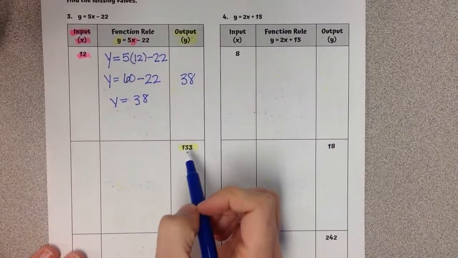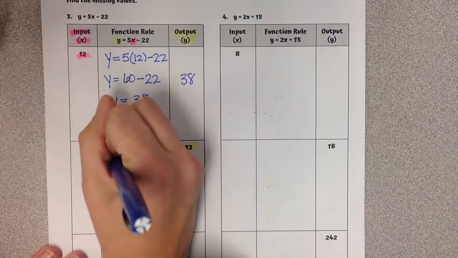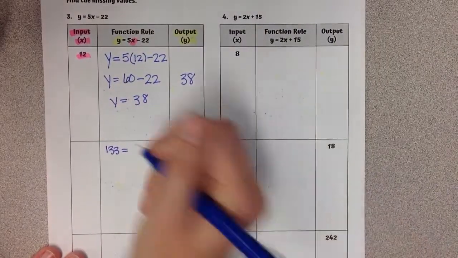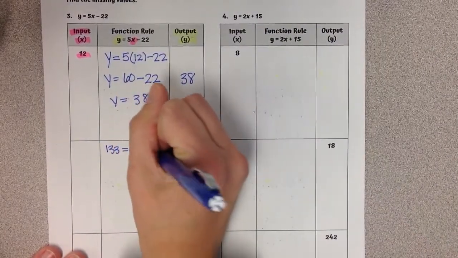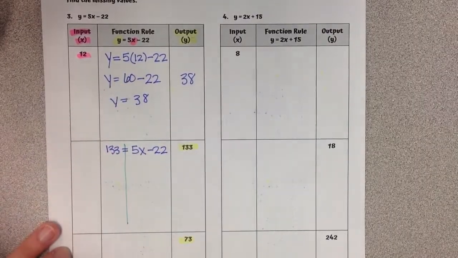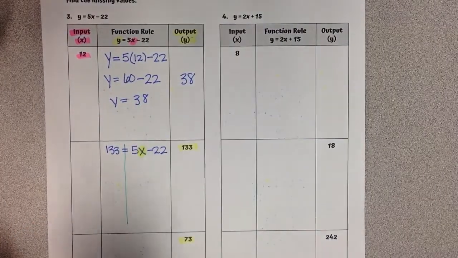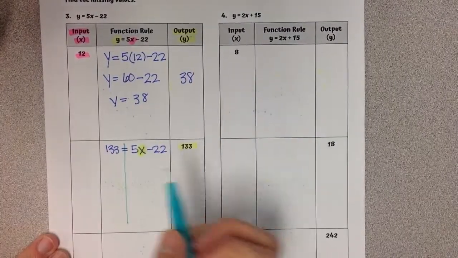Now let's look at it when we're given the output. We have to plug it in on the left here where y is. So 133 equals, we don't know x, so 5x minus 22. Now we have a two-step equation that we need to solve. So I'm going to highlight the side with the variable. We always start with the constant.